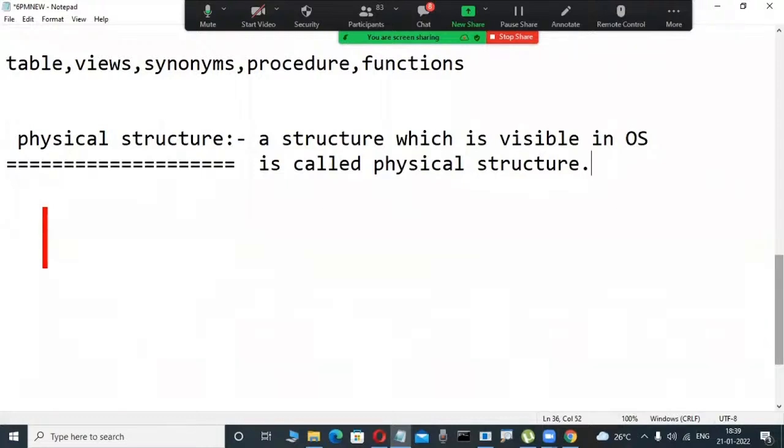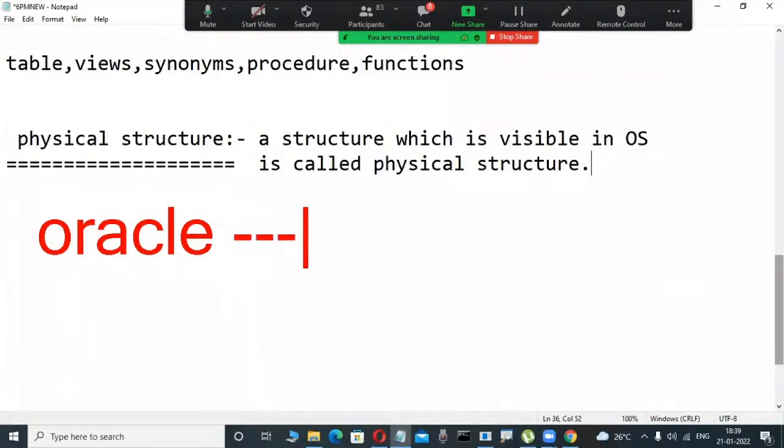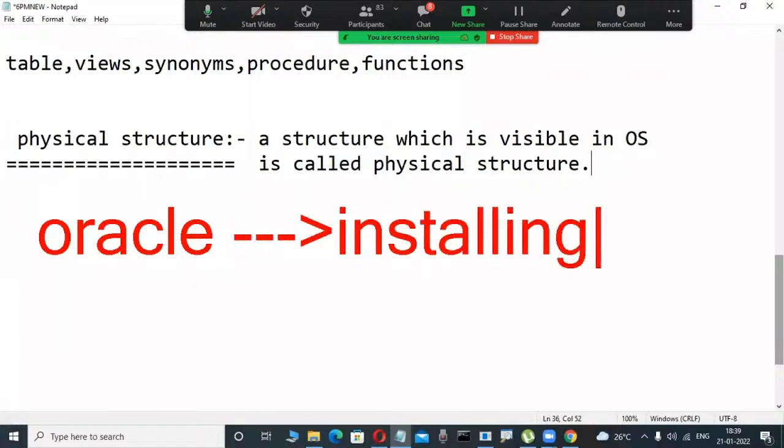Suppose PowerPoint, MS Access, Word, anything we are loading also, physical files are created. Same like in our software, Oracle is a relational database software. MySQL, SQL Server, we are installing, for example. Whenever I'm installing, Oracle automatically creates physical files.